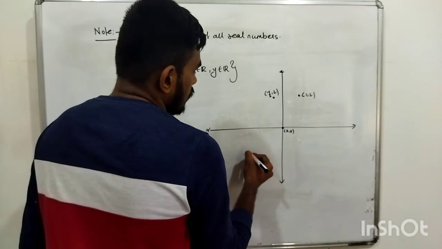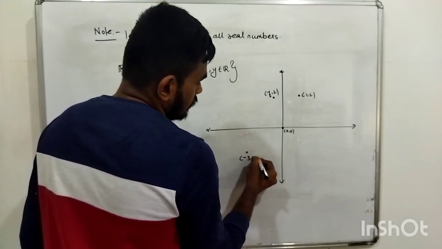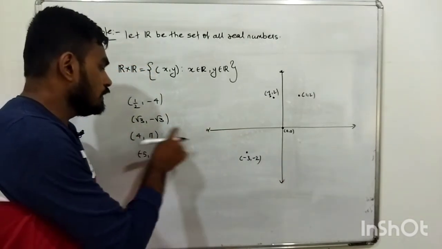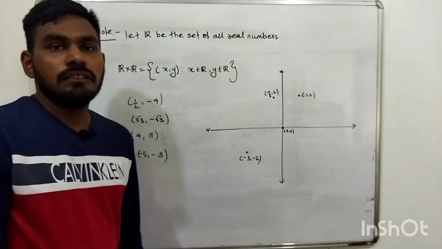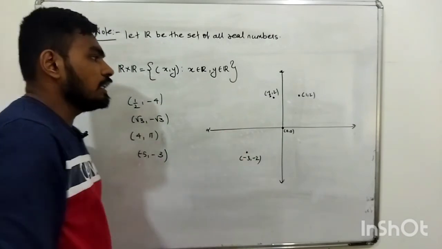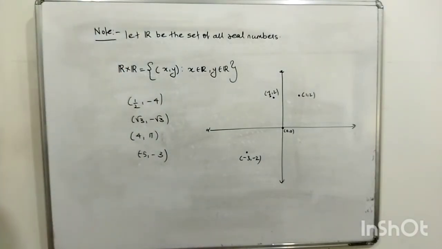Okay, here (minus 3, minus 2), like this. All these numbers, see, this and this, same thing. Okay, so this type of numbers we have already been writing. So these are all the numbers which denote coordinates of all points in two-dimensional space.